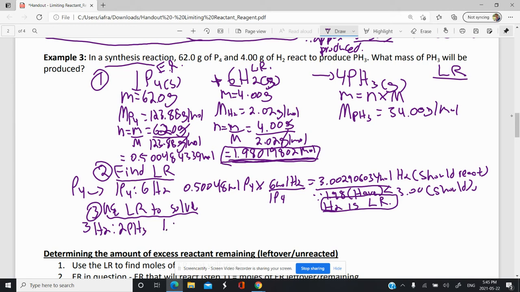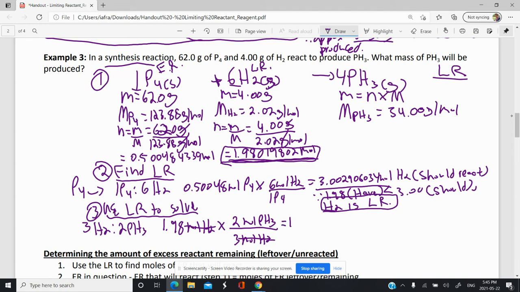We're going to take our 1.98. I'm not putting all the digits in, but they're all still there. Moles of H2 times the 2 moles of pH3. That's our ratio for every 3 moles of H2. So I'm canceling H2s out. I'm doing basically with a 1.98, so 1.98, 0.19802 moles there times 2 divided by 3.